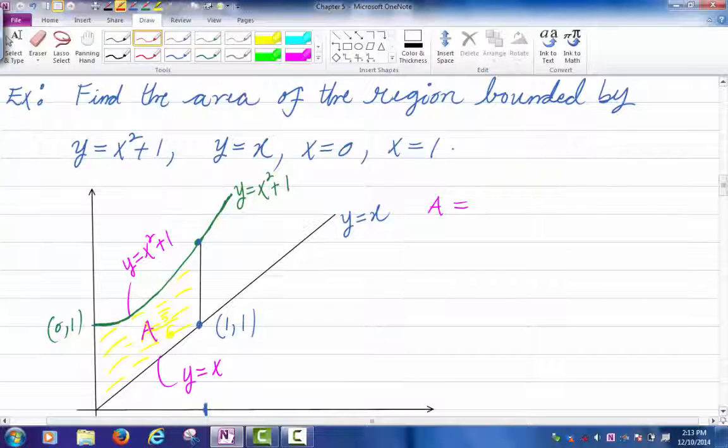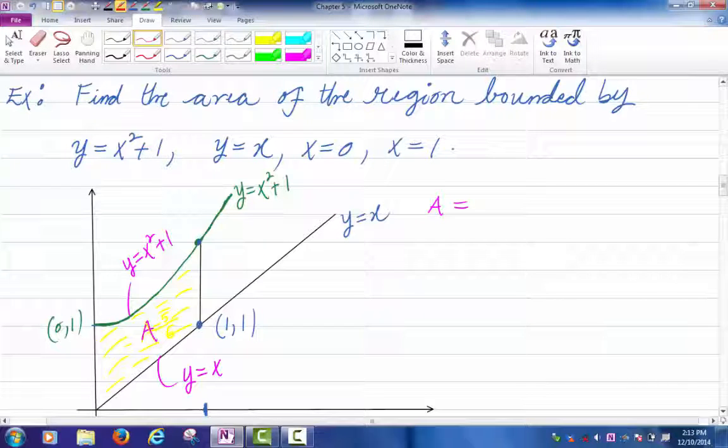Find the area of the region bounded by the graphs of the equations y equals x squared plus 1, y equals x, x equals 0, and x equals 1. So there are 4 equations here, and we want to look at the region bounded by all four curves, and we want to find the area of that region.